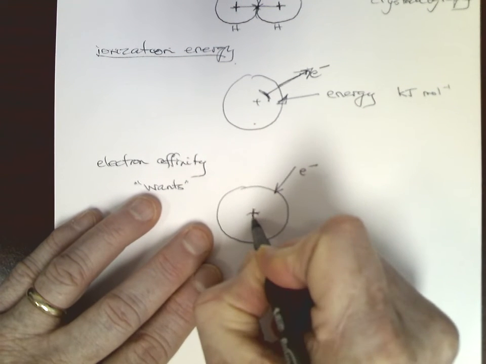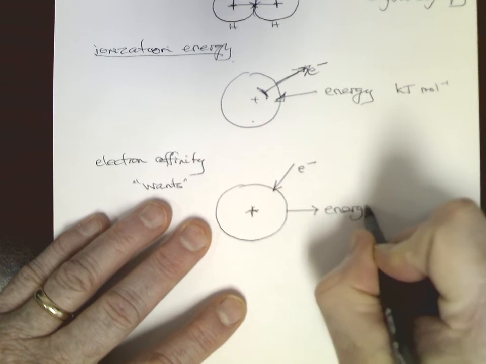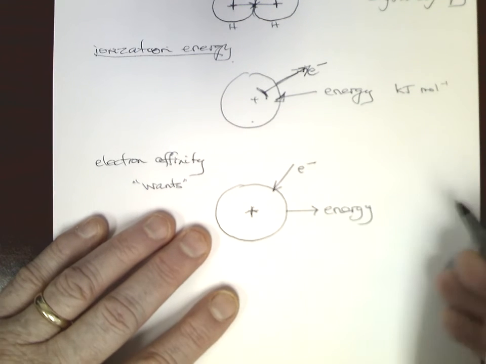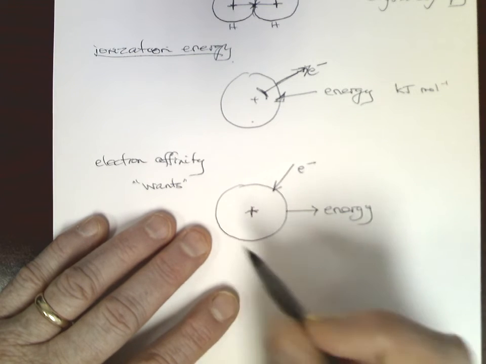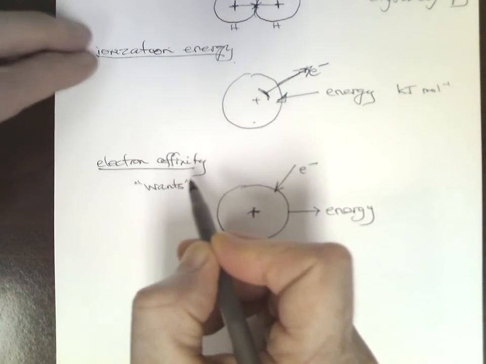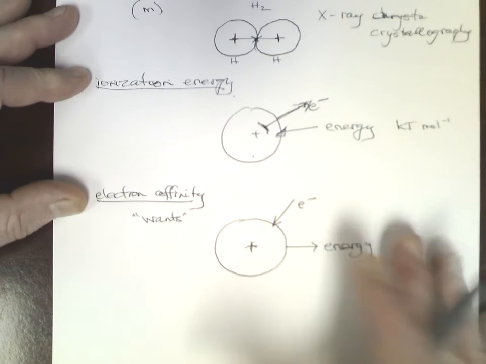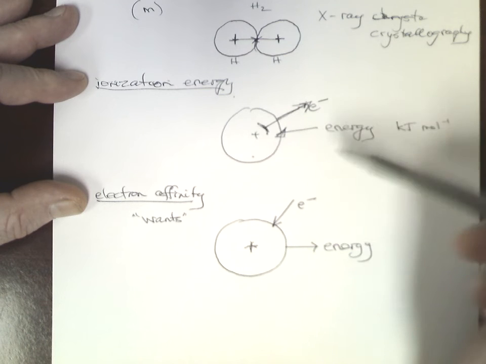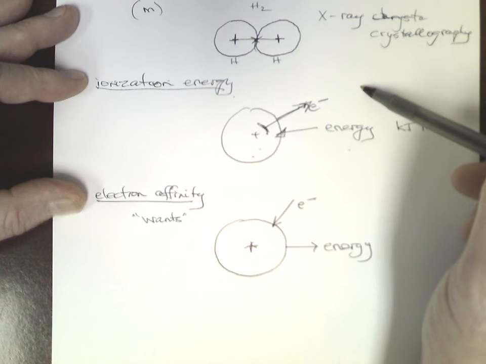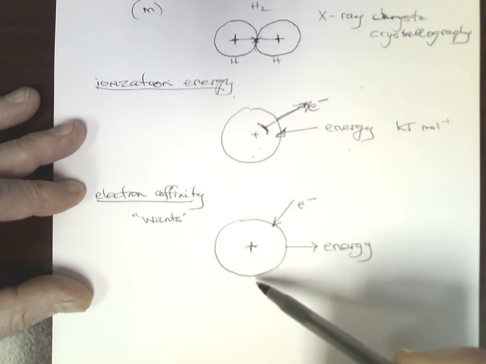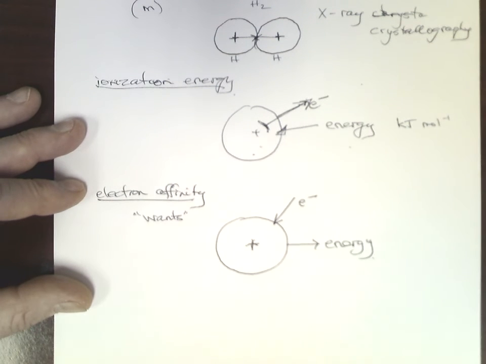So electron affinity is how much energy the atom is willing to give up to gain an electron. Okay, so these two, ionization energy and electron affinity, are opposites of each other. Again, ionization energy is how much energy you have to give an atom to take its electron. Electron affinity is how much energy the atom will give you in order to gain your electron.